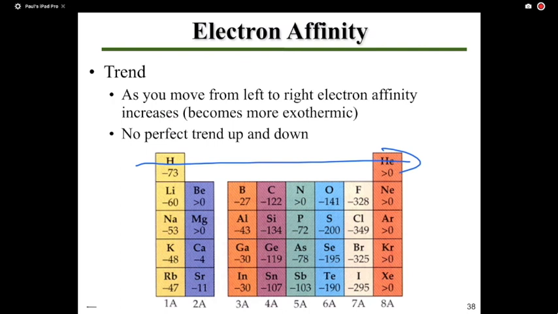They don't want to gain electrons. They want to give them up. And so to accept isn't really great. You don't get a lot of stabilization on the metal side on the left. But on the right, the nonmetals tend to like to attract electrons. Okay? And is this trend perfect? No, not by a long shot.